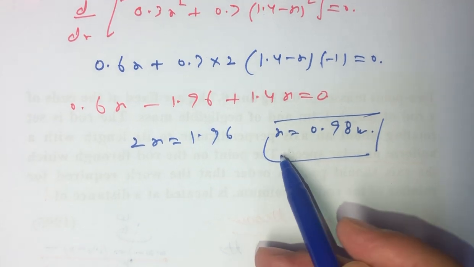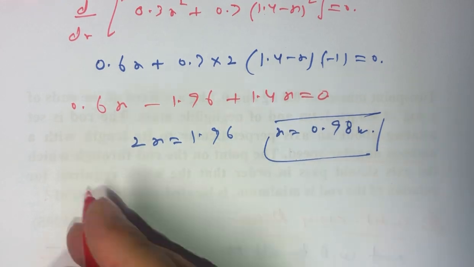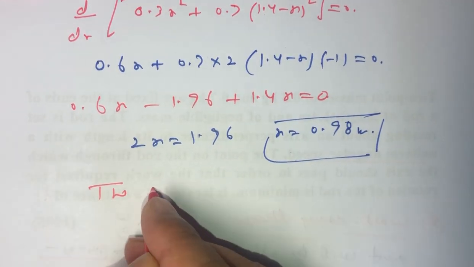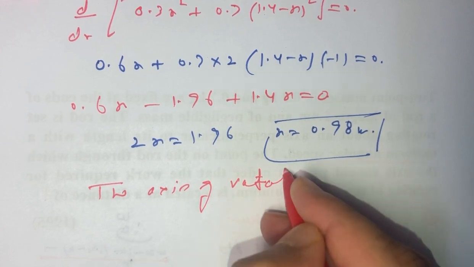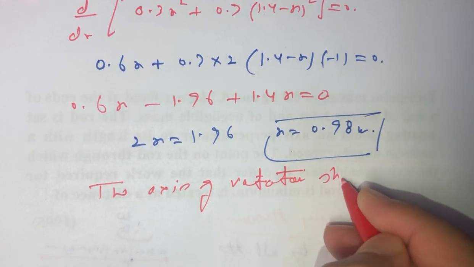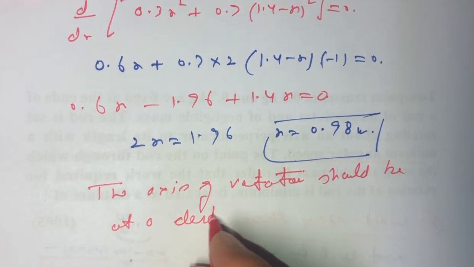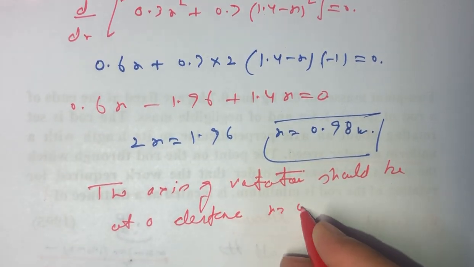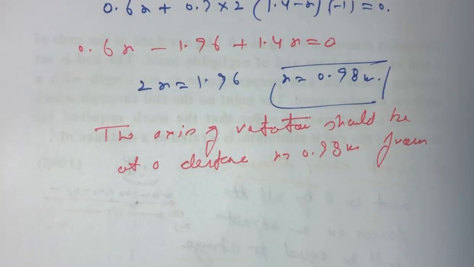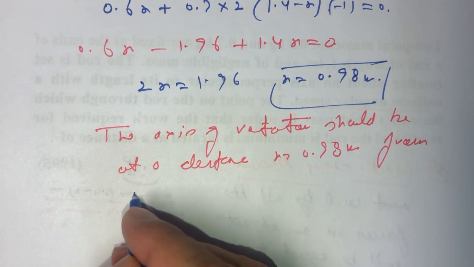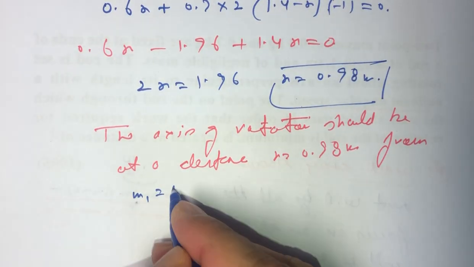And we know that x is the distance from m1. So therefore, the axis of rotation should be at a distance x is equal to 0.98 meter from m1, and m1 was given as 0.3 kg.